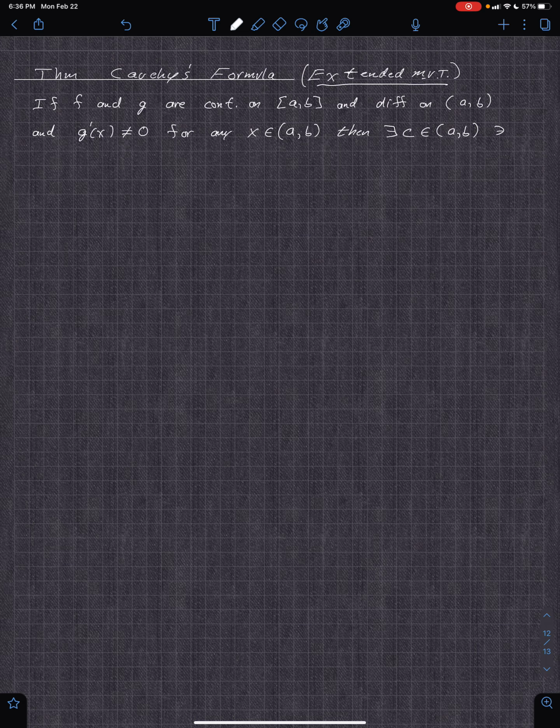You get F prime of C over G prime of C is equal to the difference of the F's at the endpoints, F of B minus F of A, all over G of B minus G of A. So it's similar to the mean value theorem, right?